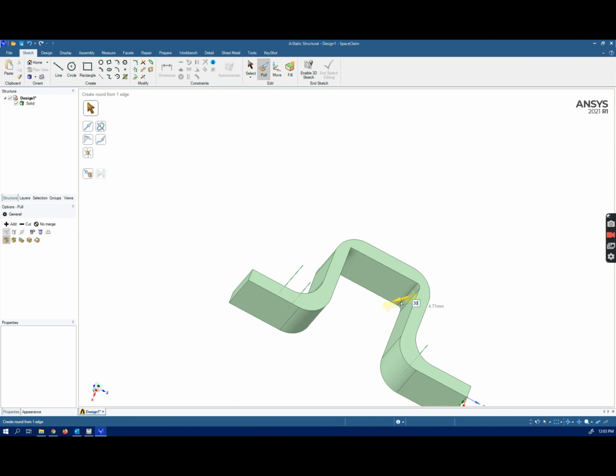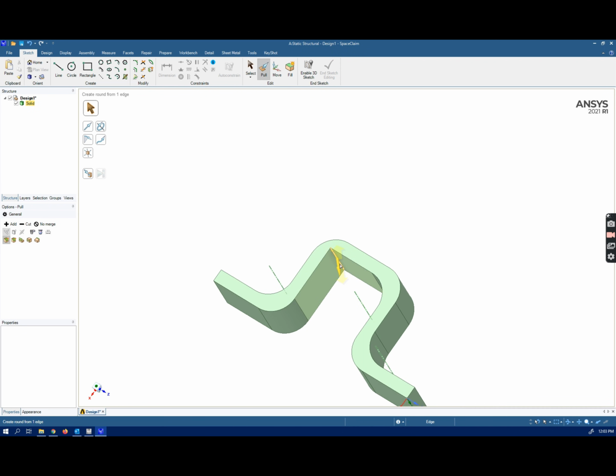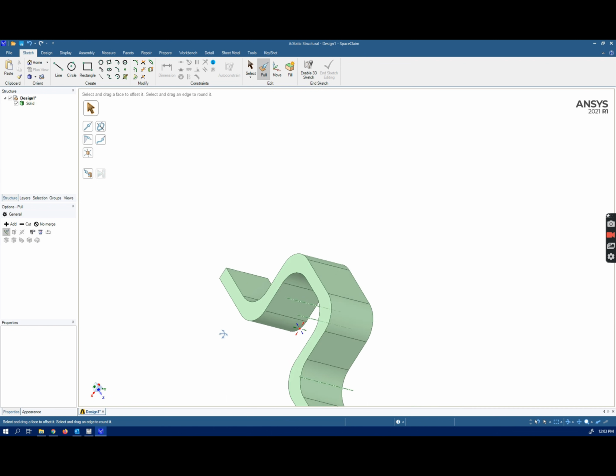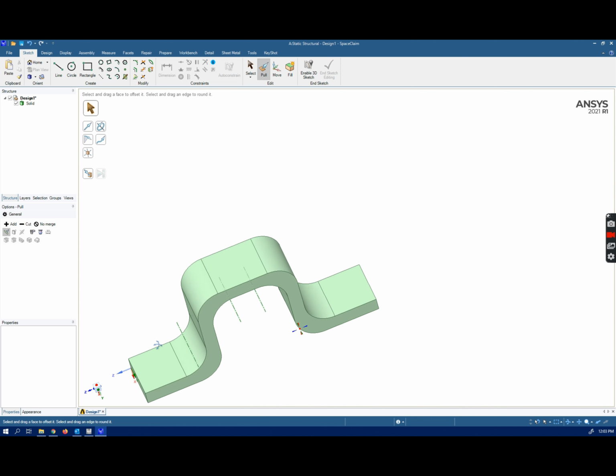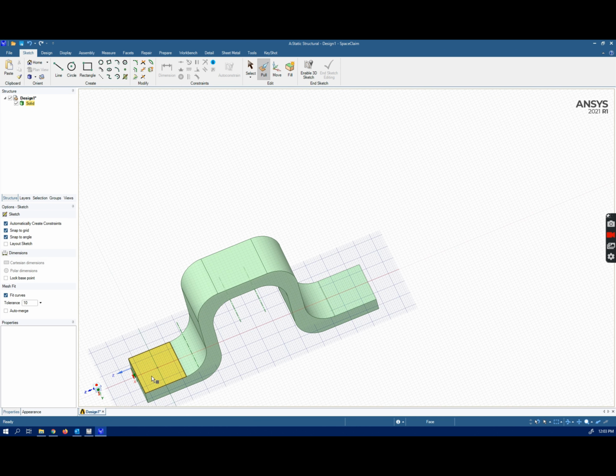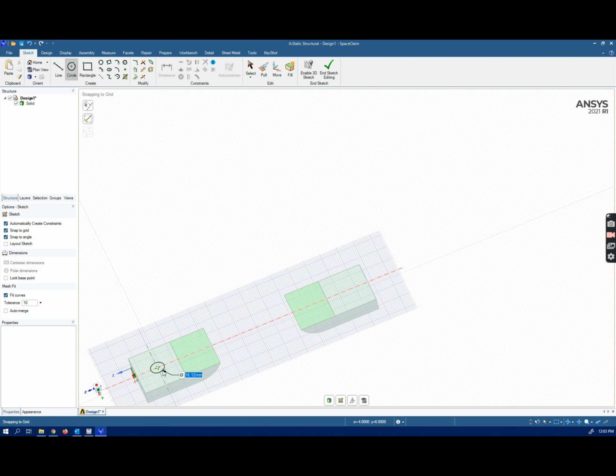Basically, I'm making the geometry really simple and avoiding all the possibilities for troubles. So let's put some 15.